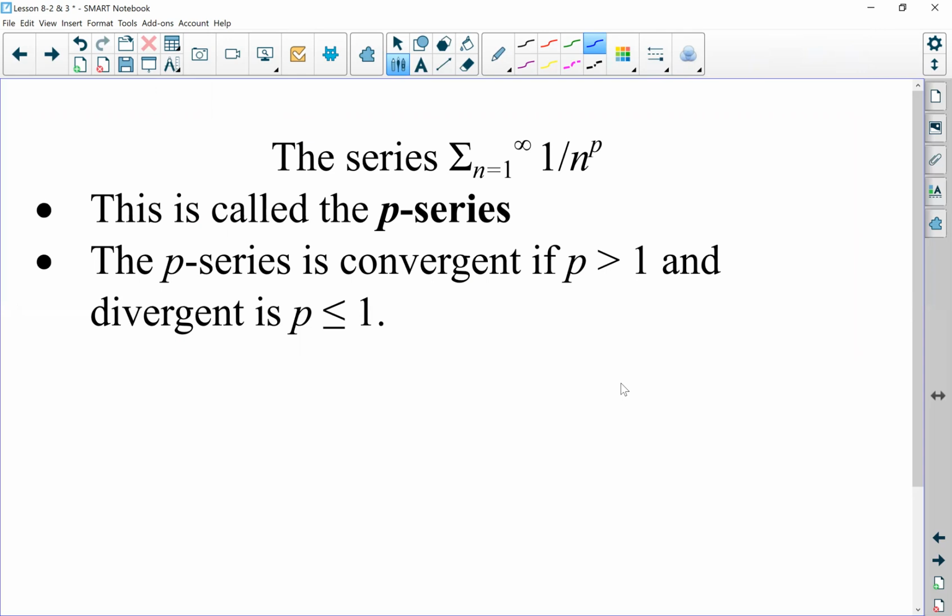And the parameters are the same as the comparison test we talked about with improper integrals. If p is greater than 1, then the series is convergent. If p is less than or equal to 1, it is divergent.